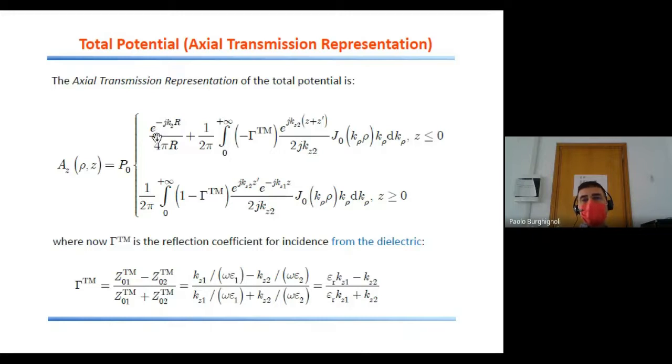Consider, for example, the lower medium here. That is, here the potential is the sum of a closed form term, which is the incident potential, a spherical wave, the spherical wave that would exist if the source were radiating in an unbounded medium, the dielectric medium in this case. As you can see, there is K2 in the exponent.